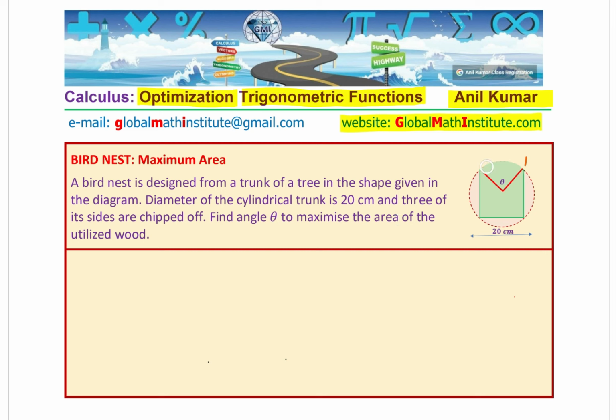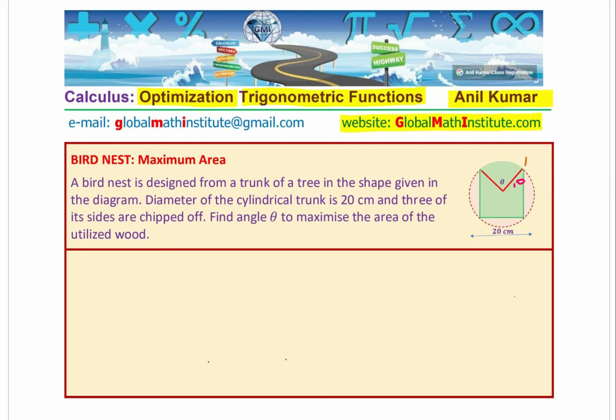So that's the cross section of the trunk with diameter of 20 centimeters. That means that the radius here is 10, right? We need to find the angle theta to maximize the area of the green portion shown to us.